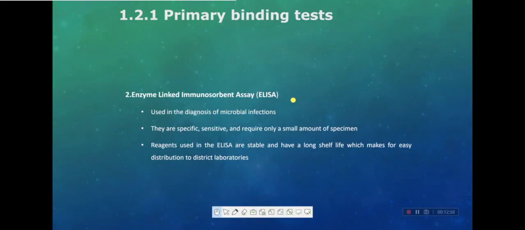So we can say that the reagents used in the ELISA are stable and have a long shelf life, which makes for easy distribution to district laboratories. The results of quantitative and qualitative ELISA techniques can also be read visually.